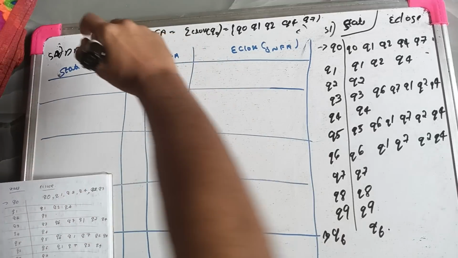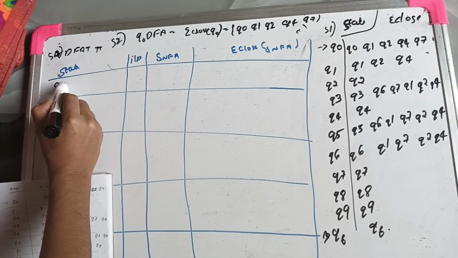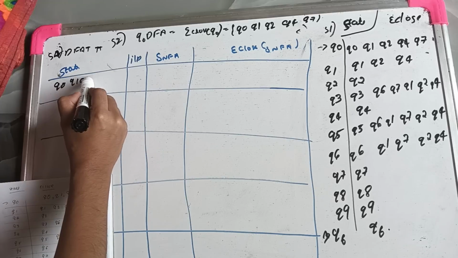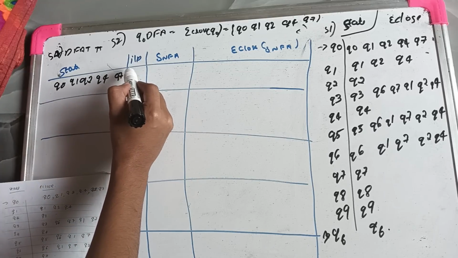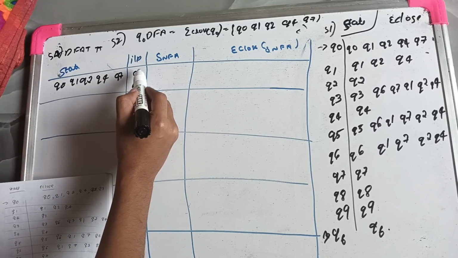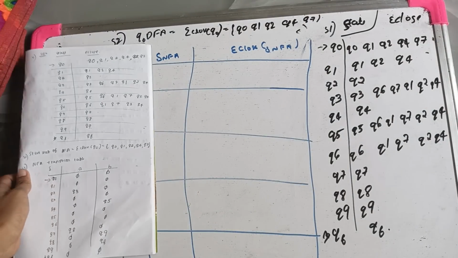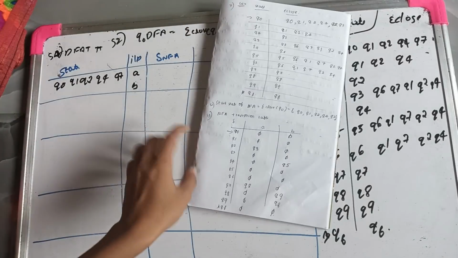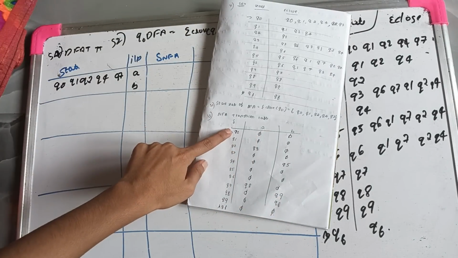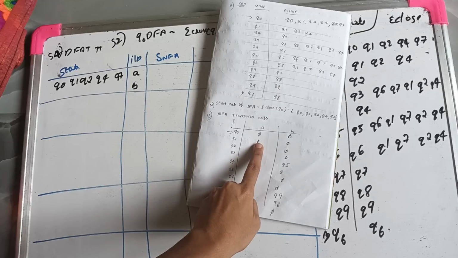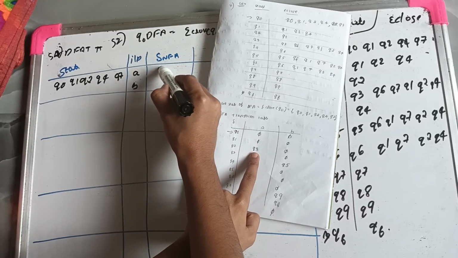For the DFA transition table, first write the initial state, that is q0, q1, q2, q4, q7. Okay, and for input we have A and B. For A we need to check the transitions of the NFA, that is from the NFA transition table. Here for A, how many states do we need to check? q0, no. Next q1, no. Next q2, the NFA goes to q3.